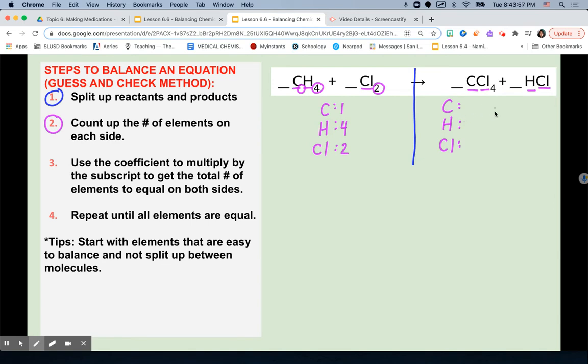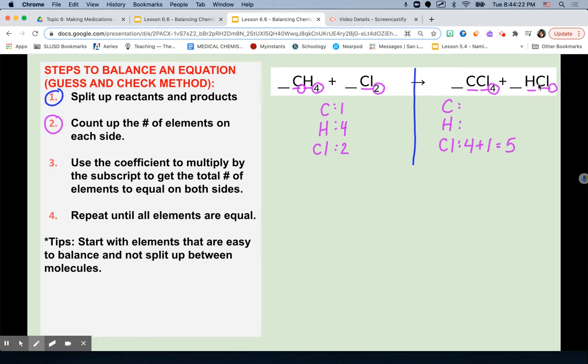So I need to pay attention to how many Cl's I have total. In fact, let's do that first. So Cl, I have 4 here, and there's no subscript here, so I have 1. So I have 4 from here, plus the 1 Cl here, so a total of 5.